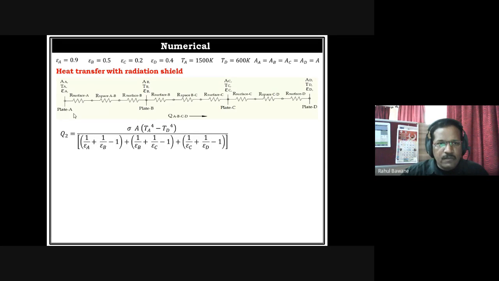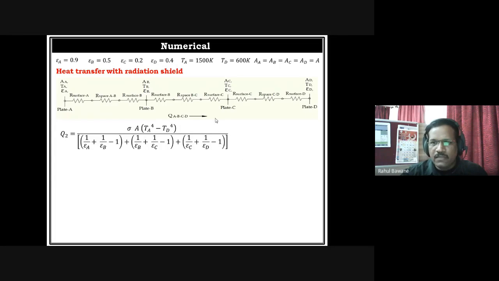Here the first plate is A, the second plate is B. So it will be 1 upon emissivity A plus 1 upon emissivity B minus 1. Plus, for these two plates B and C, 1 upon emissivity B plus 1 upon emissivity C minus 1. Now the third part, from plate C to D: again bracket 1 upon emissivity C plus 1 upon emissivity D minus 1.